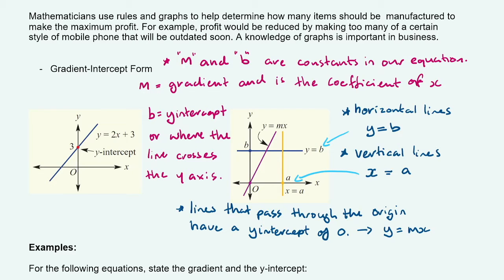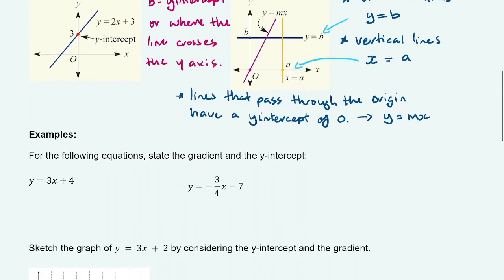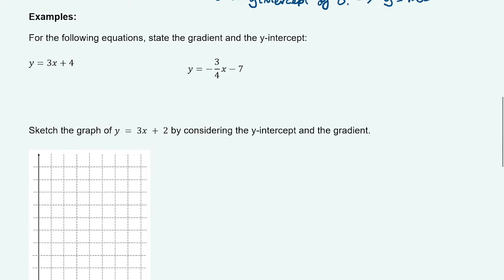Let's jump straight into some examples so that you can get cracking on your own problems. Let's look at the first two. All we're going to do in these first ones is state the gradient and the y-intercept. We're going to identify them from those equations. Fairly simple.